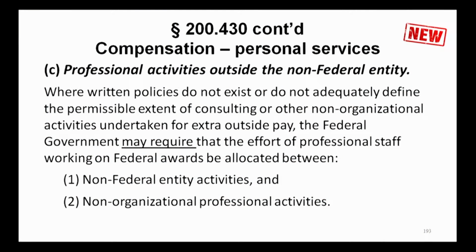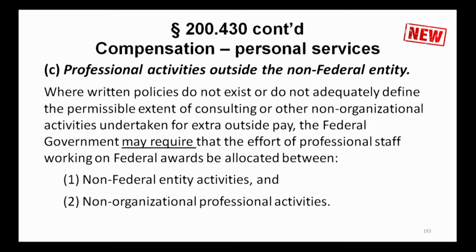So where it says, paragraph C, where written policies do not exist, and do not adequately define the extent of a consulting or other non-organizational activities for extra outside pay, the federal government may require that the effort of professional staff working on federal awards be allocated between your non-federal activities and your outside non-organizational professional activities.